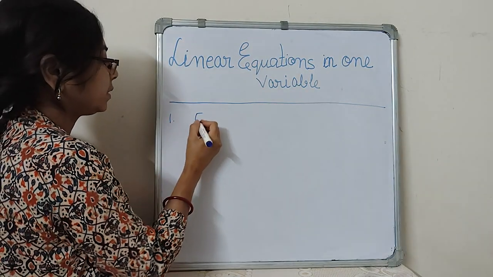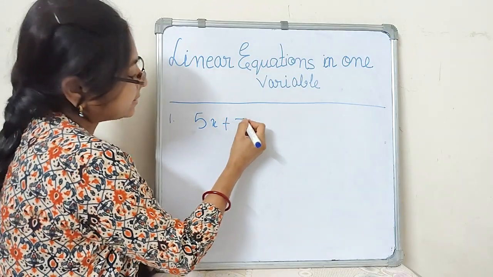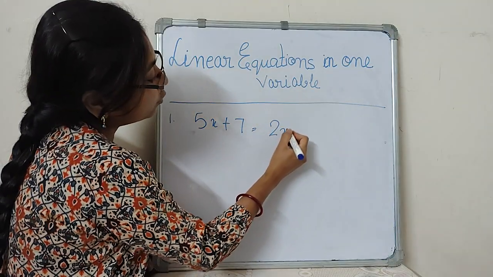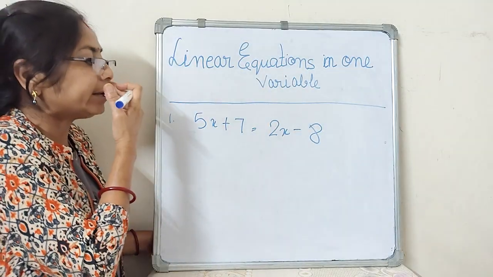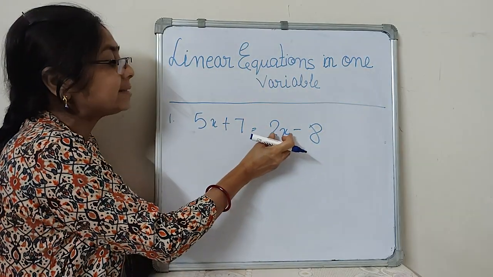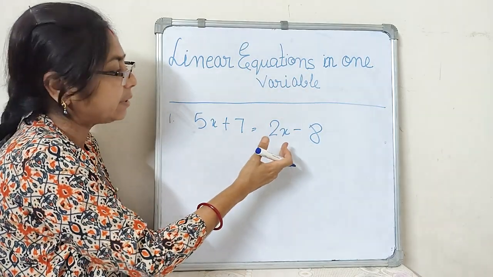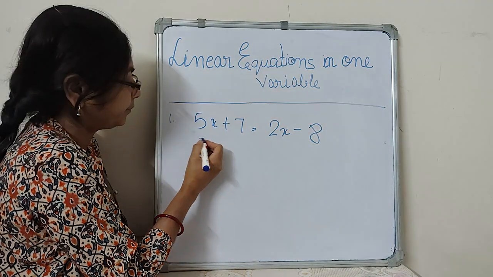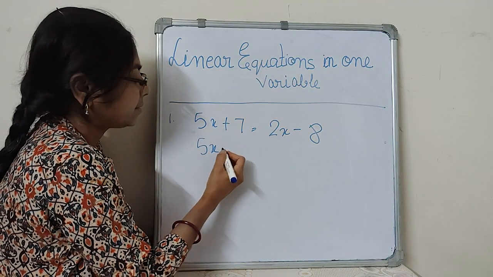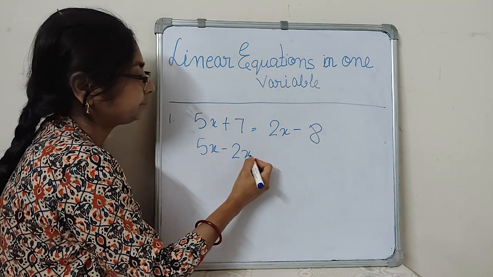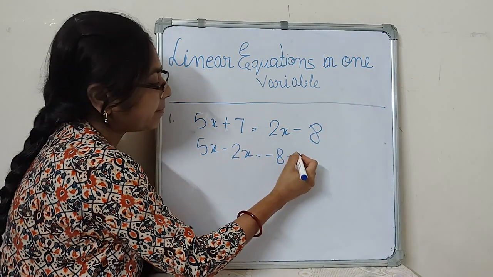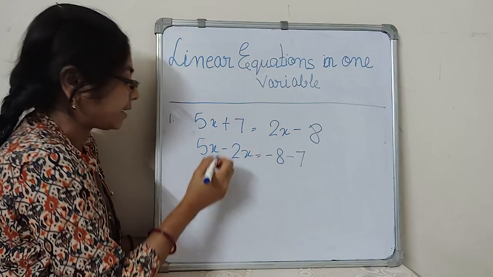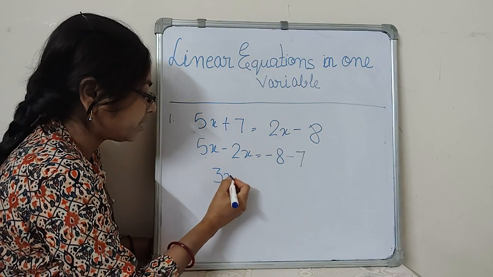Now I solve the equations one by one. Number 1. 5x plus 7 equal to 2x minus 8. Now I solve it. Where there is a variable, you take it to one side. 5x minus 2x equals minus 8, and shift the 7, minus 7. 5x minus 2x, it is 3x.